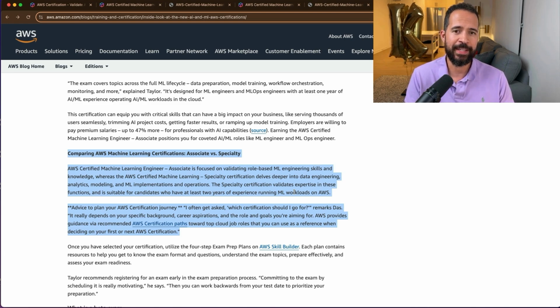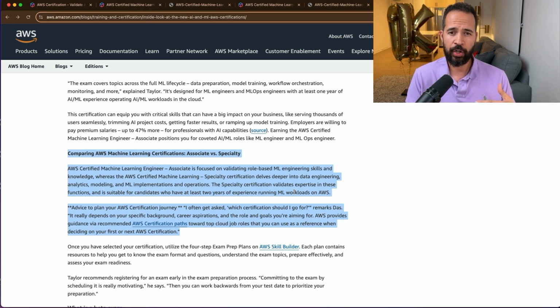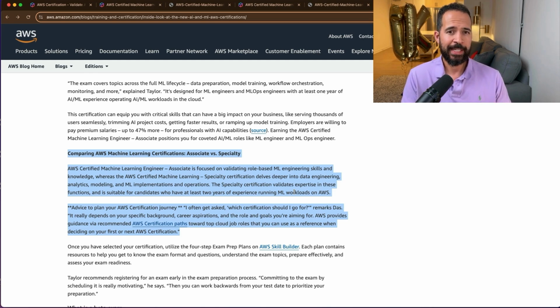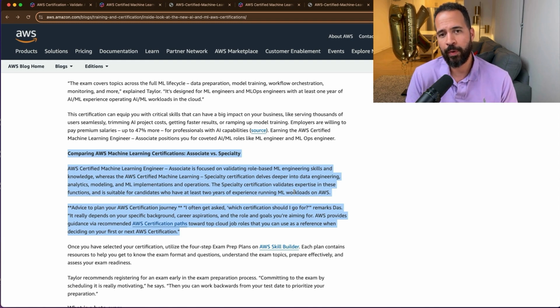If you've been in the machine learning and artificial intelligence space for a decade, then this might be a walk in the park. But if you're just starting your AI machine learning journey, you're probably best positioned to start with the Machine Learning Engineer Associate first, then graduate up to the Machine Learning Specialty should you want to go in that direction and the career you're going for takes you there.